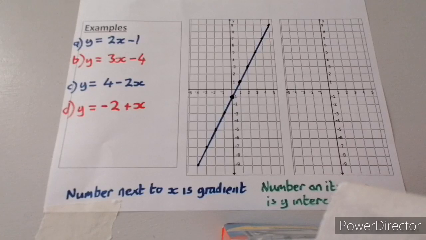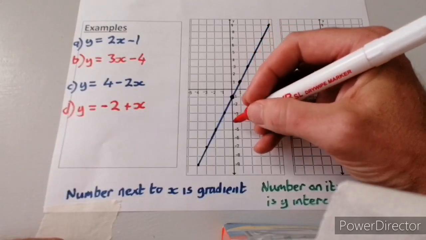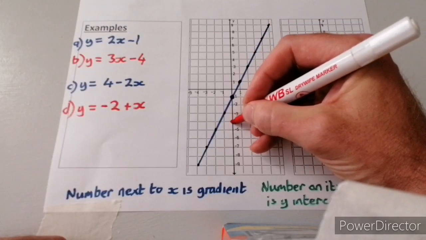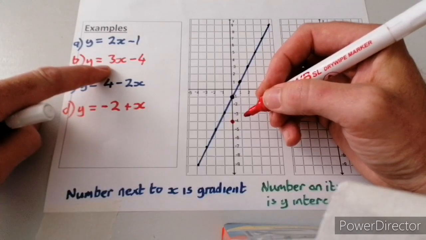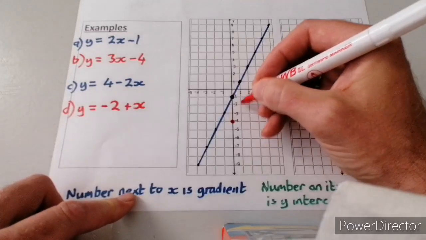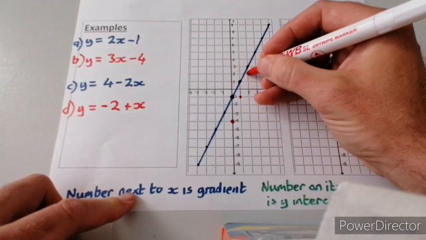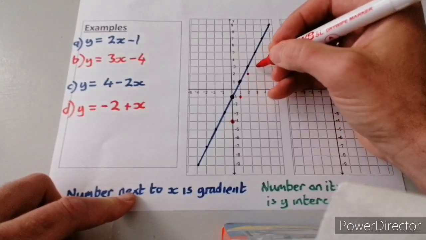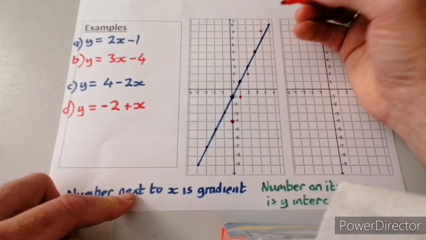So 3x minus 4. So the number on its own is -4. So our first dot is going to go on the y-axis at -4. Then the gradient of this line is 3, which means I move across 1, I go up 1, 2, 3. Move across 1, go up 1, 2, 3, and so on.